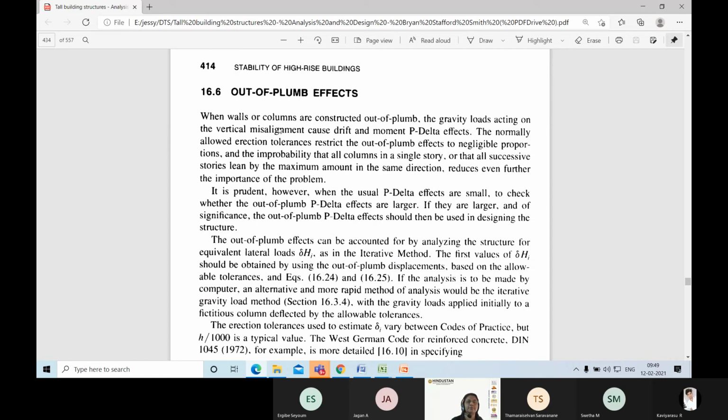Then there will be an out of plumb effect. When the walls or the columns are constructed out of plumb, the gravity loads acting on the vertical misalignment cause drift and moment, the P delta effect. Otherwise also, you know, if the alignment is not proper, that will cause buckling and additional moment.